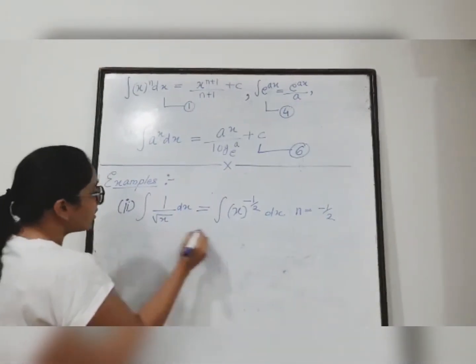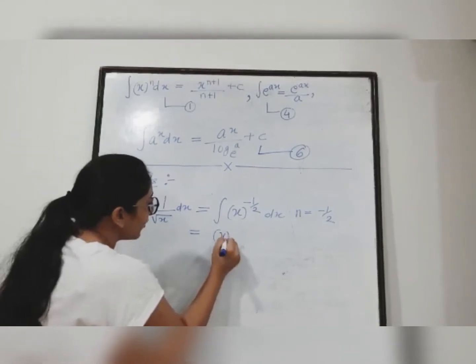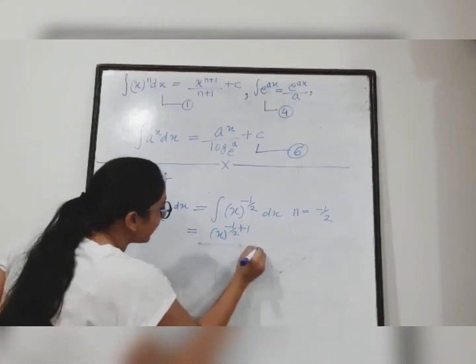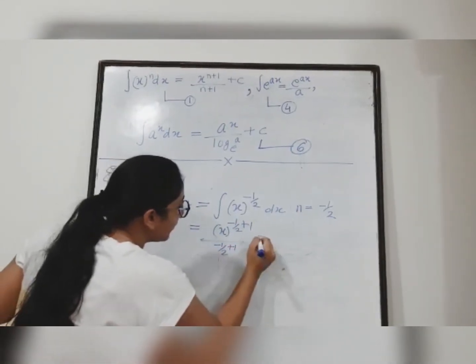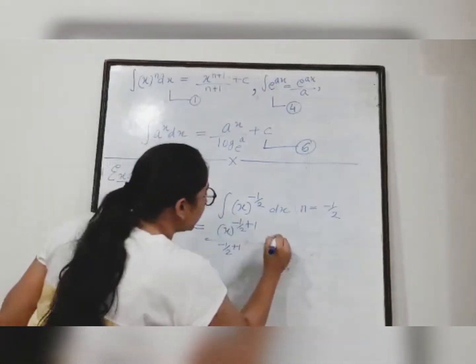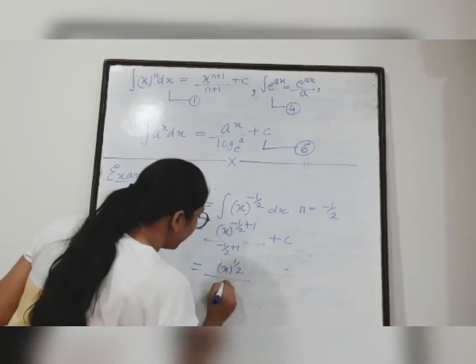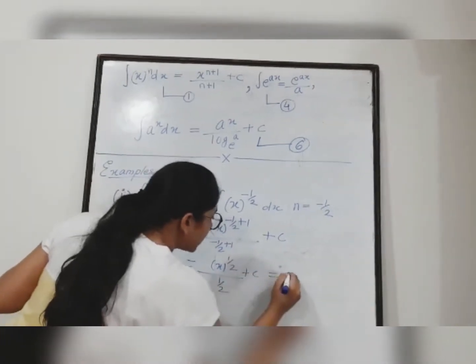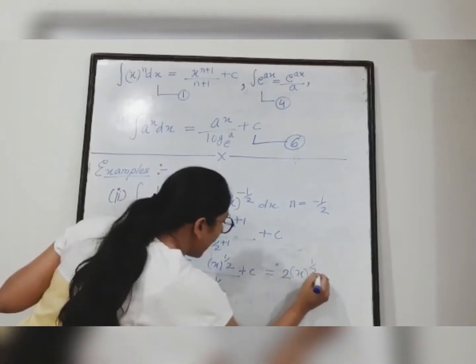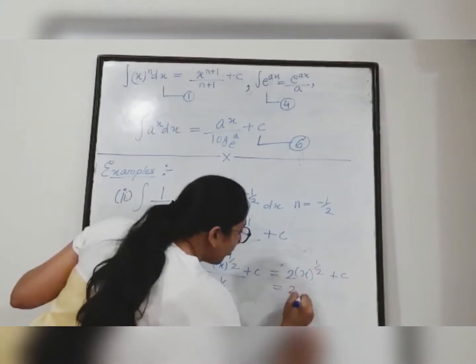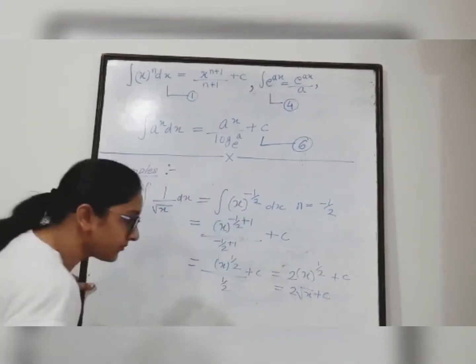It will give you x to the power minus half plus 1 divided by minus half plus 1, plus c, which is equal to x to the power half divided by half plus c, which is equal to 2x to the power half plus c, or 2 root x plus c.